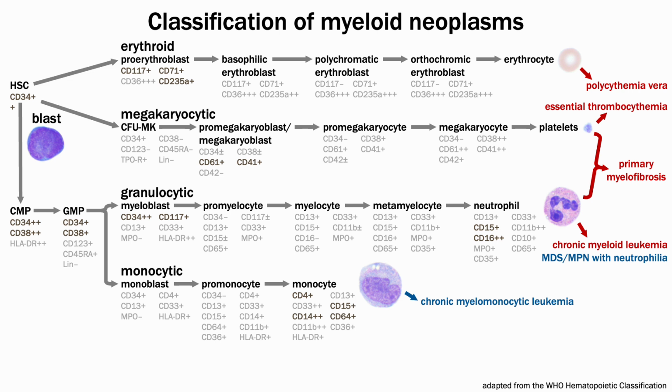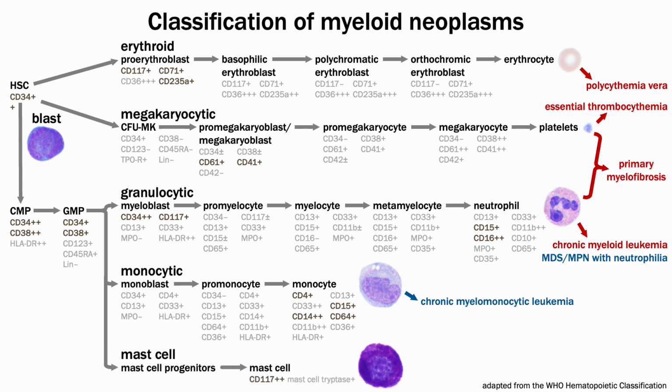Another MDS-MPN not shown here is myelodysplastic neoplasm with SF3B1 and thrombocytosis, which typically shows anemia and thrombocytosis with an SF3B1 mutation. So in red, we have the 4 main MPNs, and then in blue, we have our MDS-MPNs.